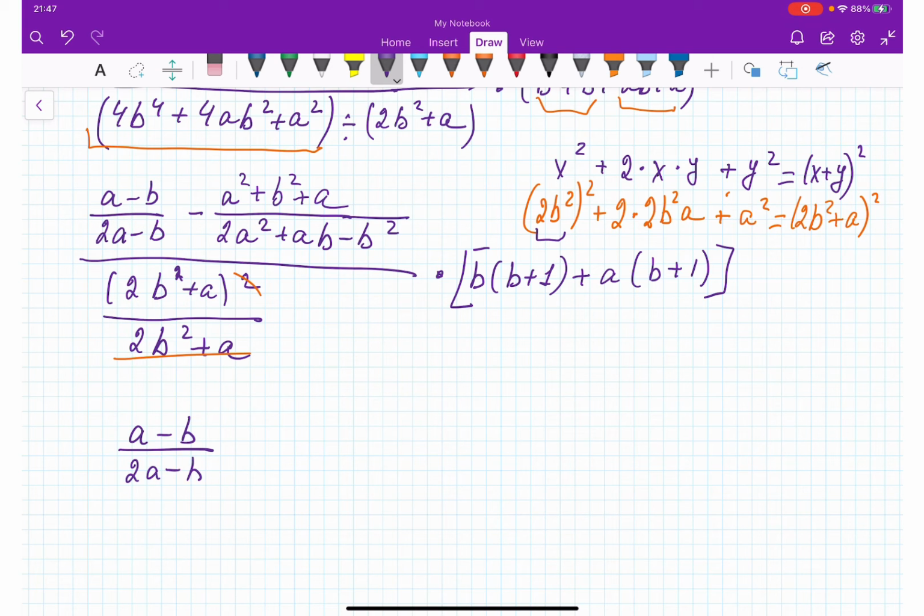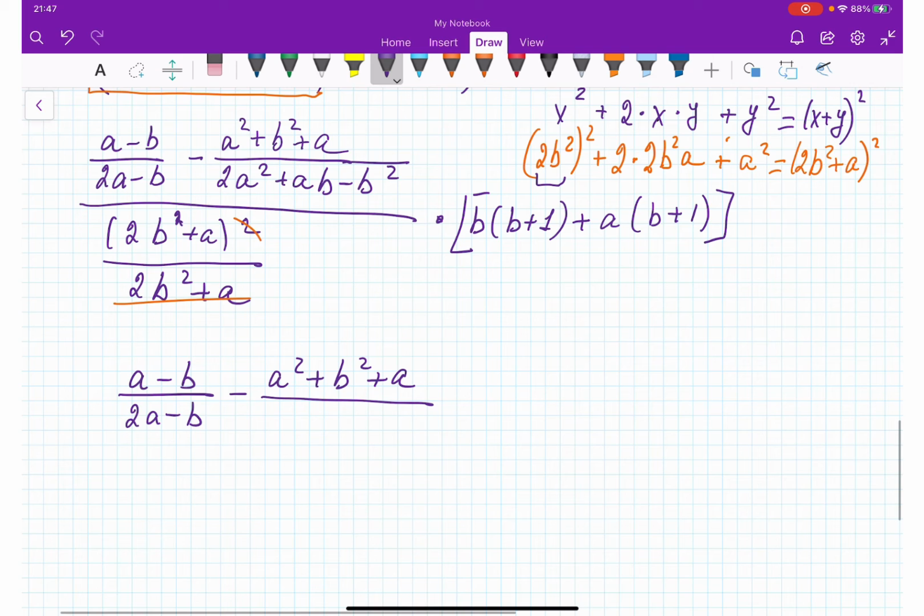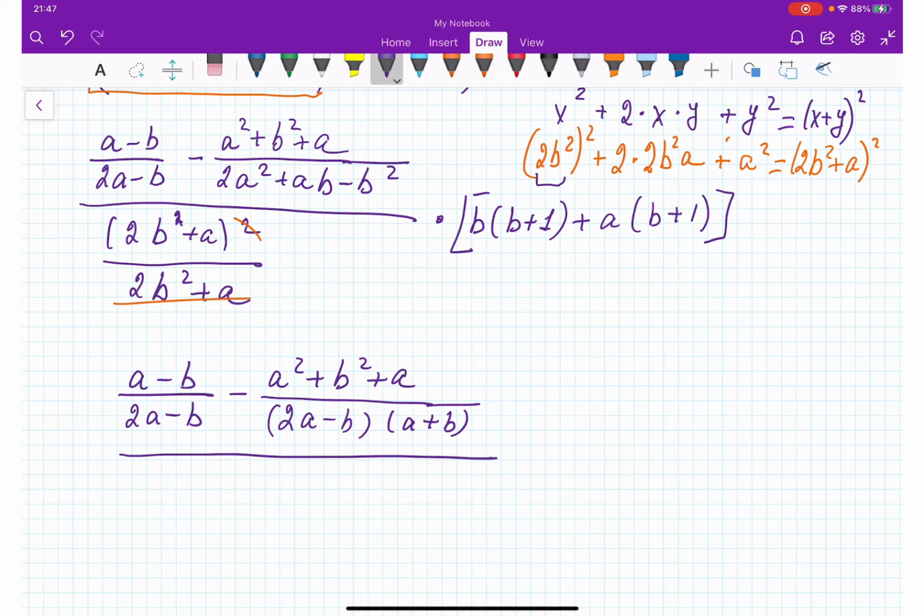So next I'm going to work out the numerator, and that is going to be (a minus b)(2a minus b) minus (a squared plus b squared plus a). And this denominator, I can break it down as (2a minus b)(a plus b), right? And all this divided by 2b squared plus a.